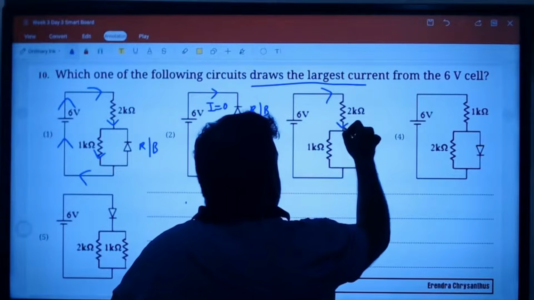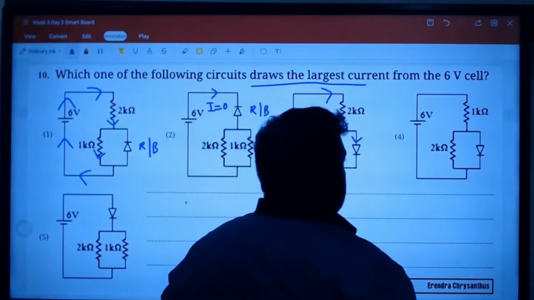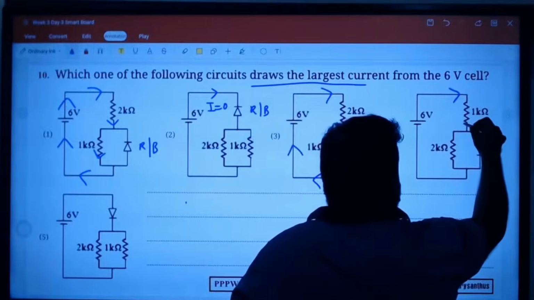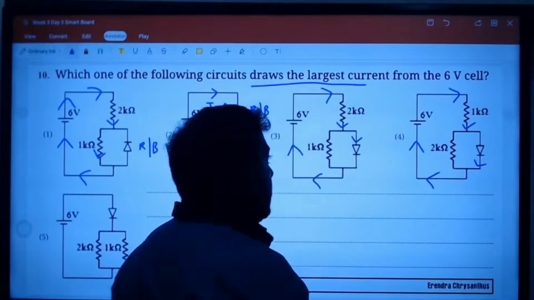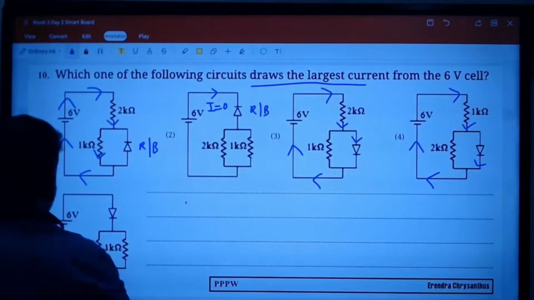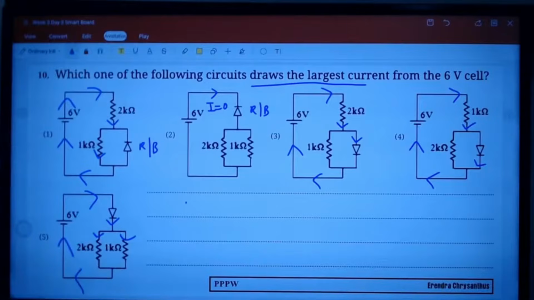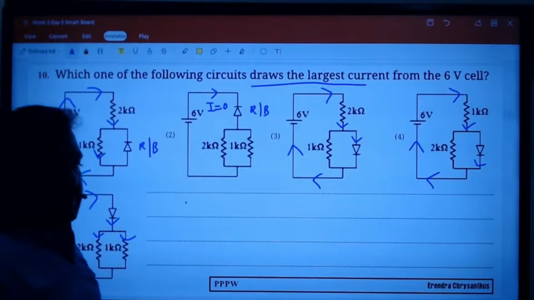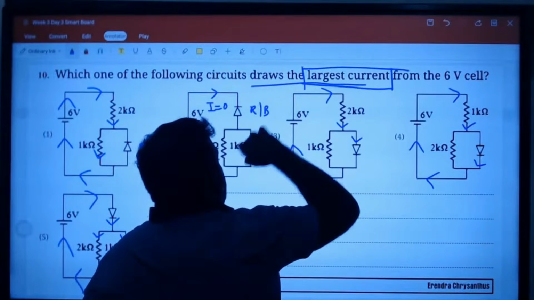Current will travel through the path of least resistance, and will actually divide and go here. So largest current means smallest effective resistance.